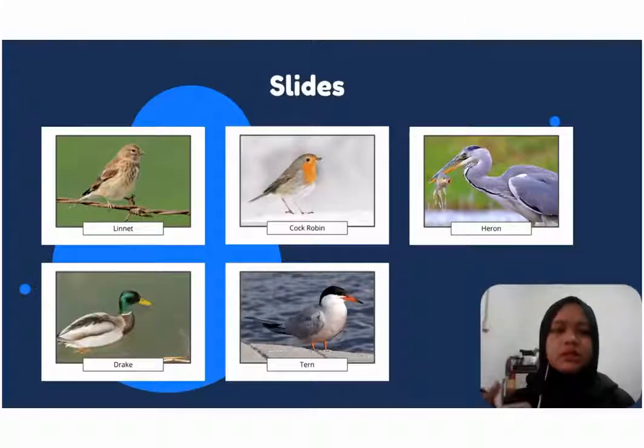So the purpose of this slide is because in the poem Poison Talk, there are some usages of animal names that could probably be unfamiliar to the students. Hence, we thought of providing pictures in advance so the teachers don't have to go through the hardship of searching and compiling the pictures.